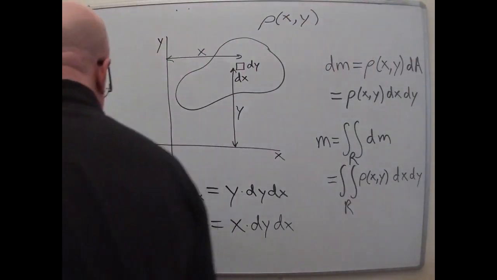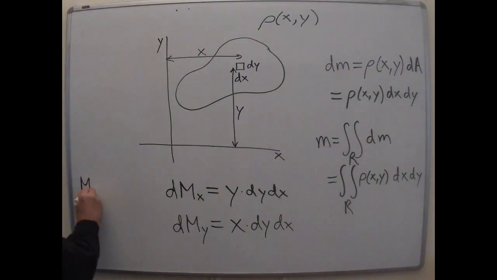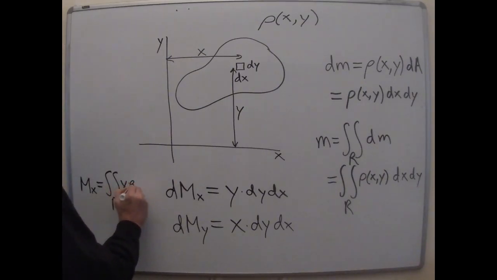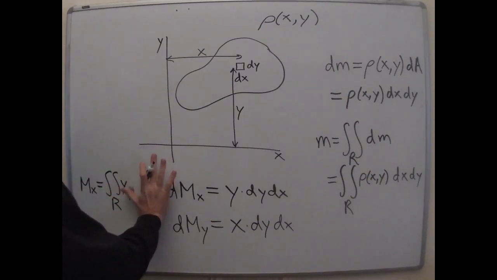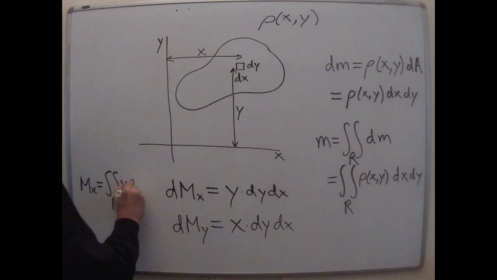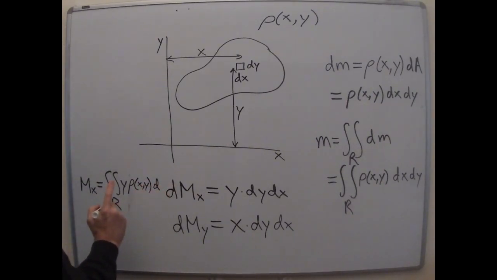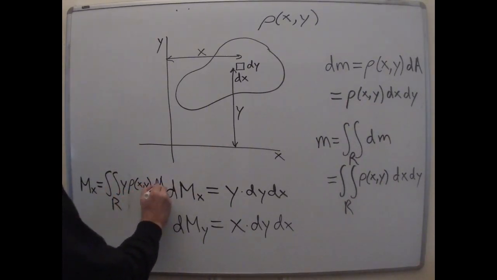The moment around the x-axis is the double integral over our region of y times rho of xy dA.